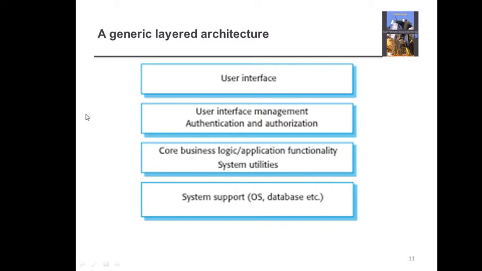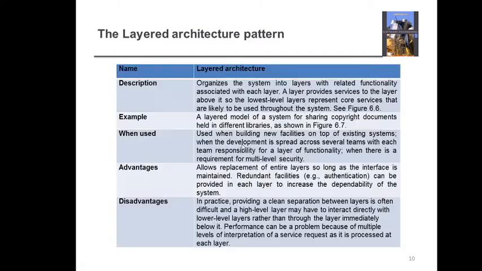You can directly prepare a new one and replace this layer, and the interface can be developed with the existing parts. So the advantage is this, an entire layer can be replaced. Redundant facilities can be provided in each layer to increase the dependability of the system. Redundant facility means authentication can be given at different layers also. It's not necessary that it is a part of a single layer, right?